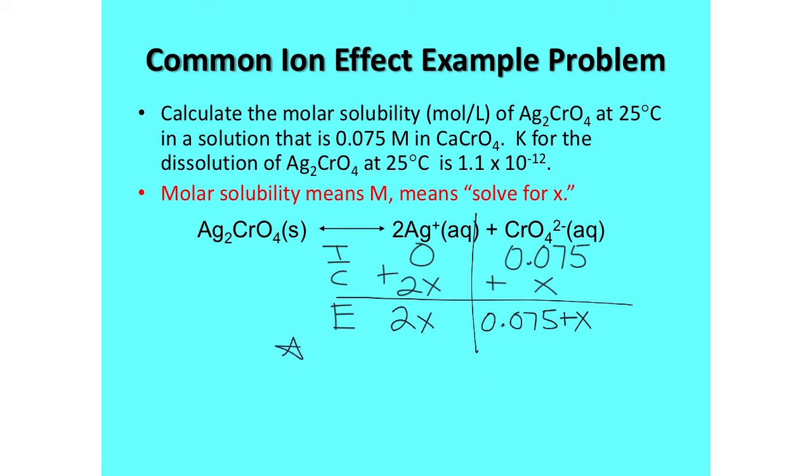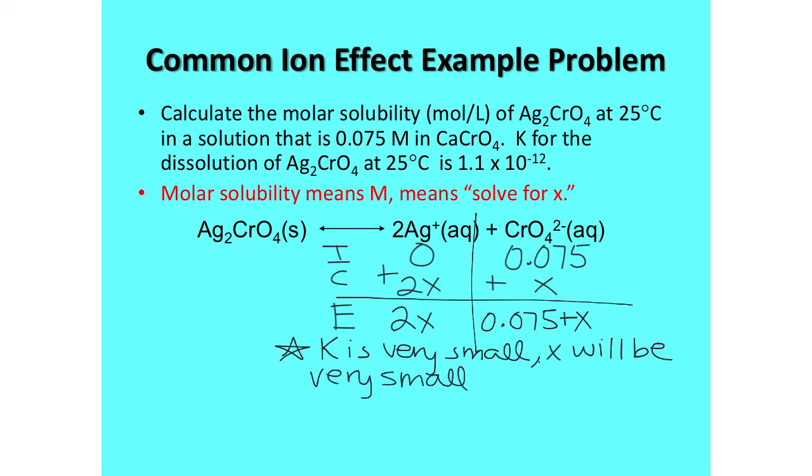However, since K is very small, X is going to be very small. Therefore, 0.075 plus X will be essentially equal to 0.075.